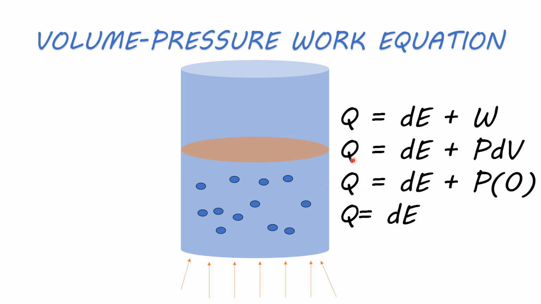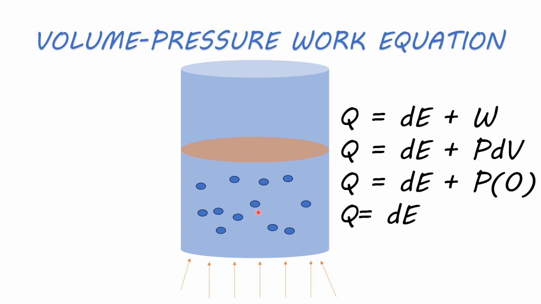Now here we know that in our piston the volume is constant. That probably means that there isn't any change in the volume. So here del V will be 0. If we place the volume change as 0, then multiplying it by the pressure, it will also be 0. So in our final answer, Q will be equal to the change in the internal energy.